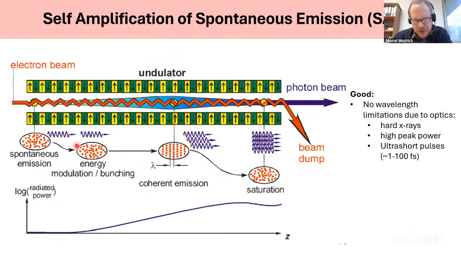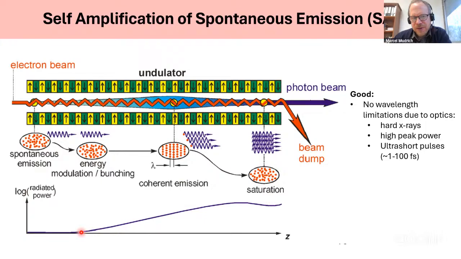Once this runaway amplification process happens, the radiation, which initially starts out from spontaneous emission, basically stochastic emission of photons in a completely incoherent way, is amplified in this avalanche-like process.